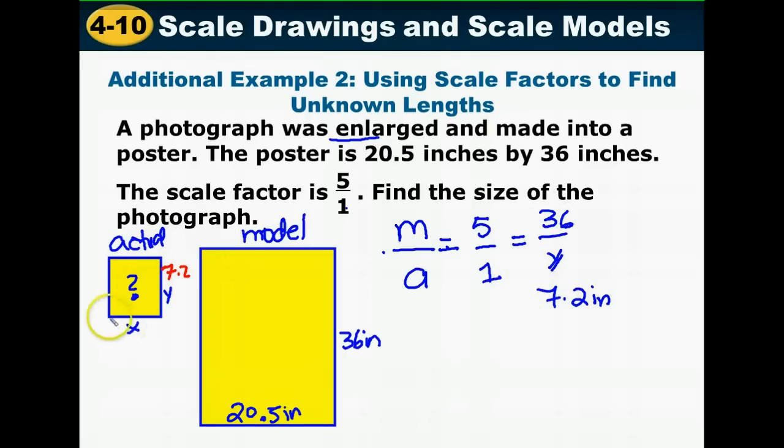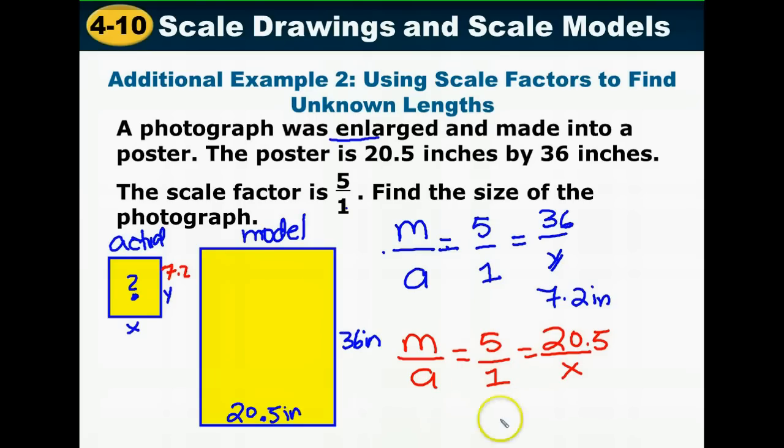All right, let's go ahead and find the length. So again, it's always model to actual, and the scale factor will not change. Still the same, but this time, since we are finding the length, it will be 20.5 for the model to the actual one, x here, that I do not know. Okay, and then we divide 20.5 by 5.